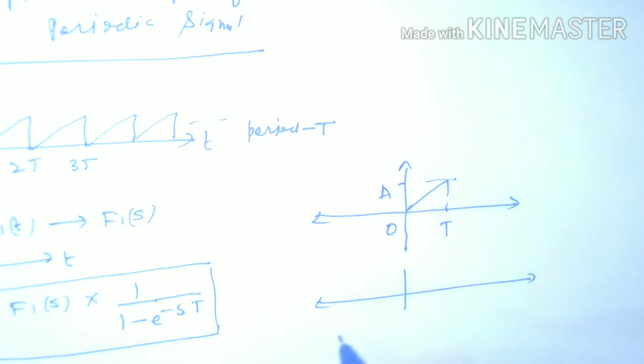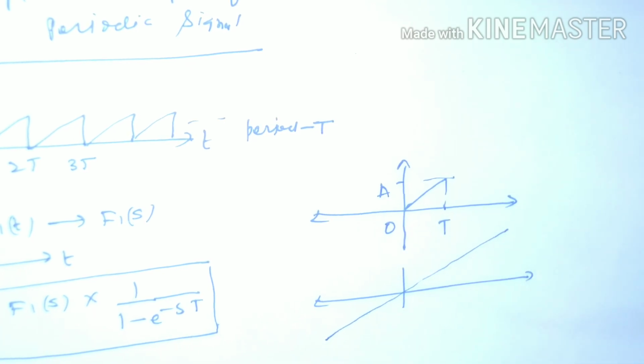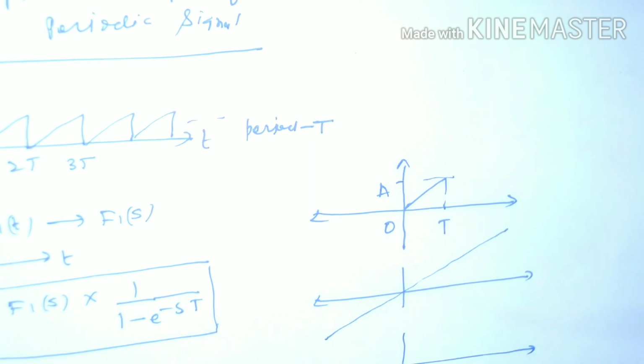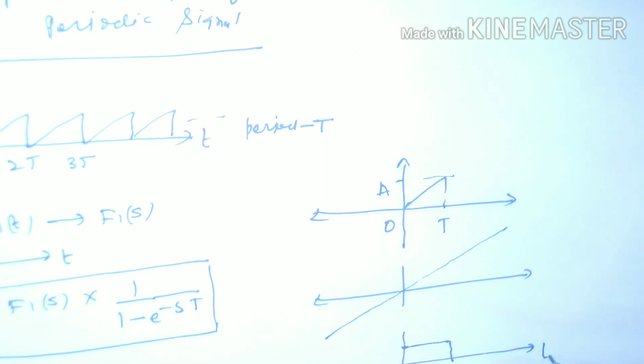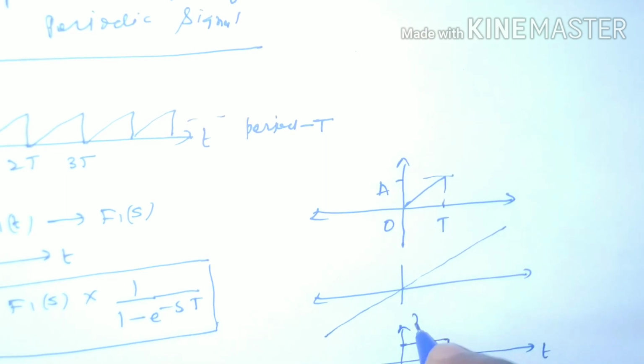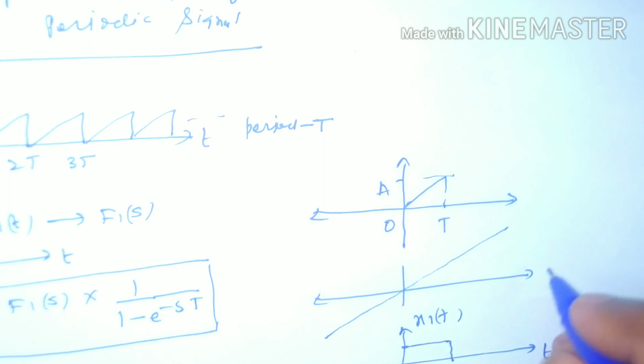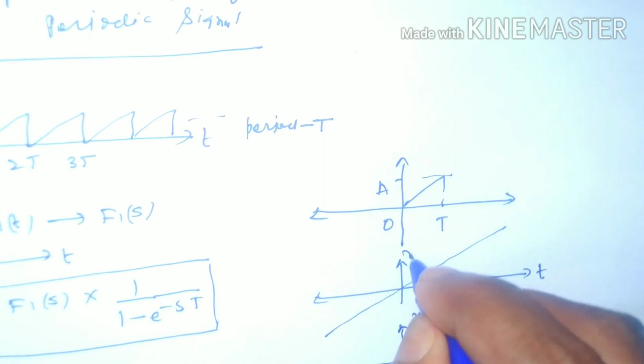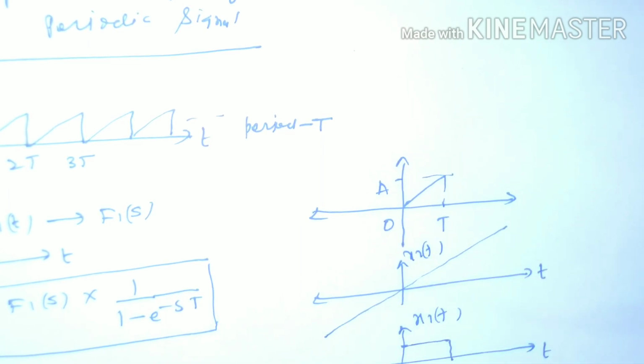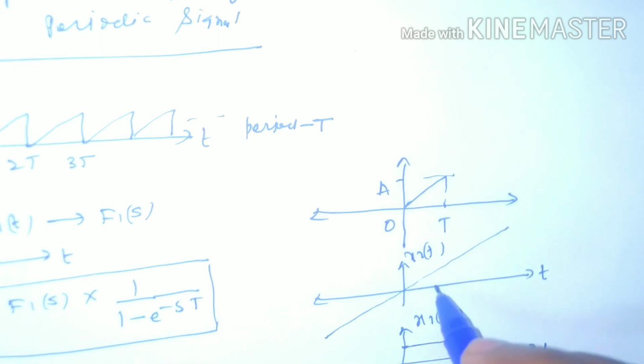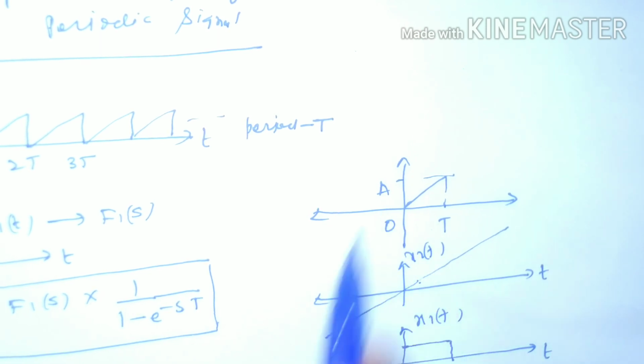So how can we find its equation? We have to multiply this signal by a rectangular signal that exists up to time T. Let this one be x1(t) and this one be x2(t), and its slope will be the same as the previous signal.